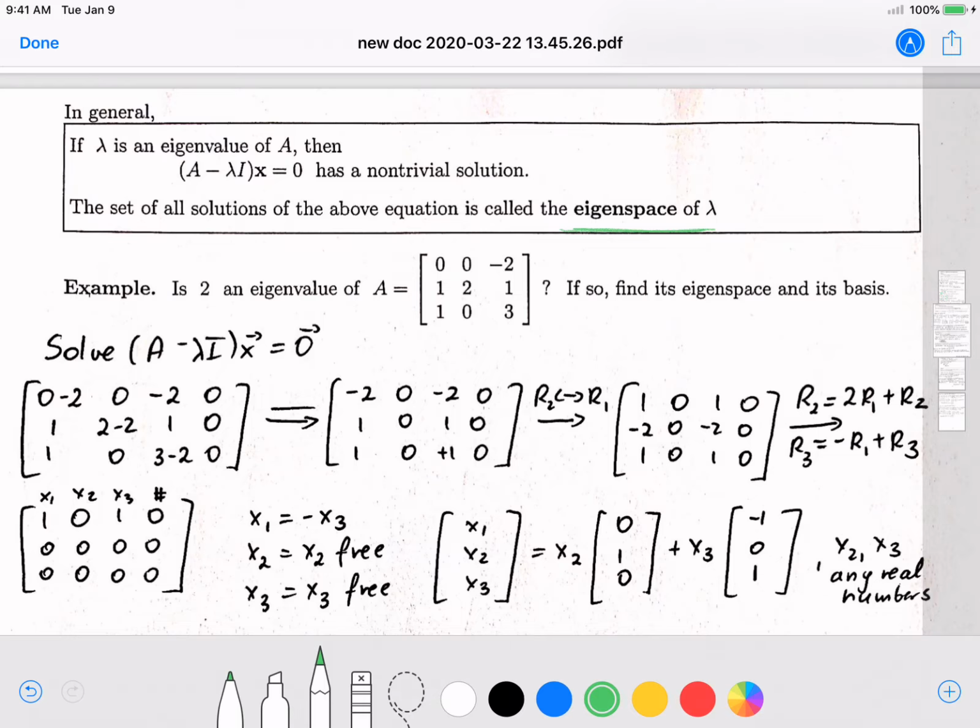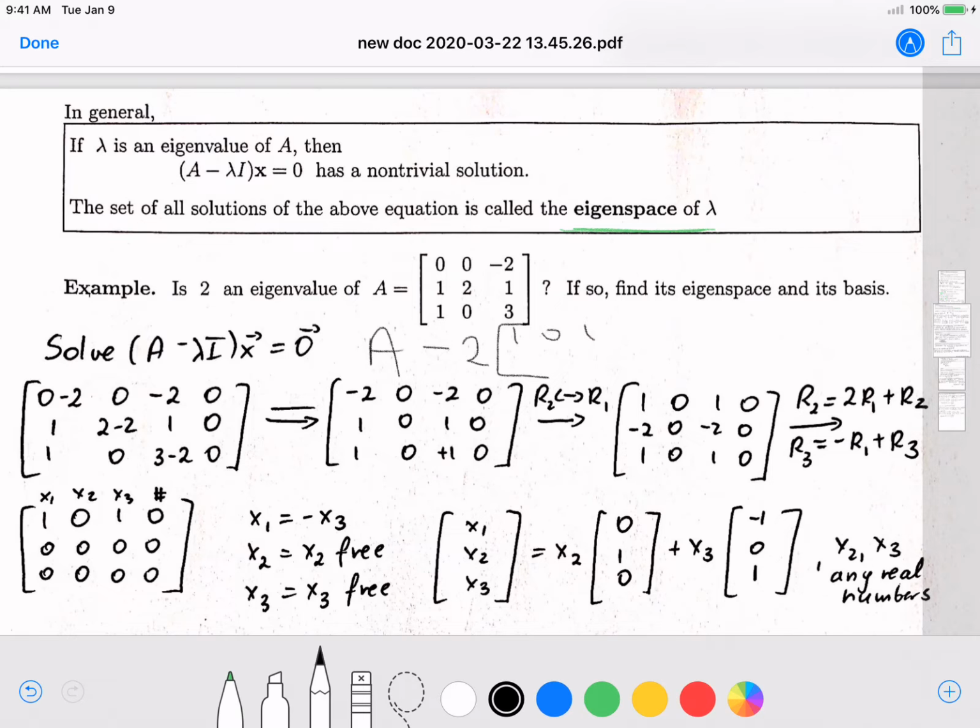If my lambda is 2, I would have A minus, my eigenvalue 2, times the identity matrix.